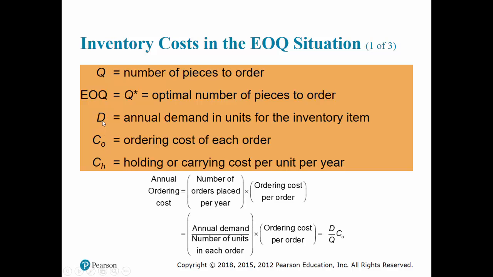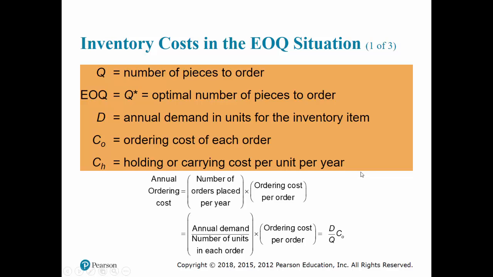The uppercase D is the annual demand in units for the inventory item. Then C sub O is the cost of placing one order, and C sub H is the holding or carrying cost per unit per year.